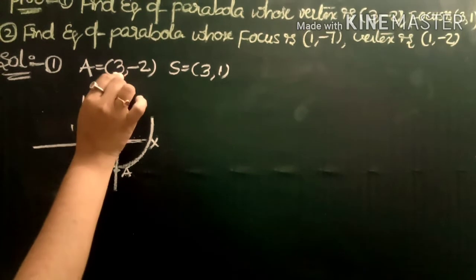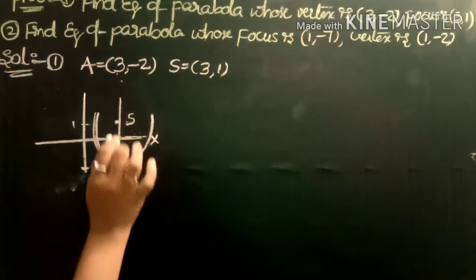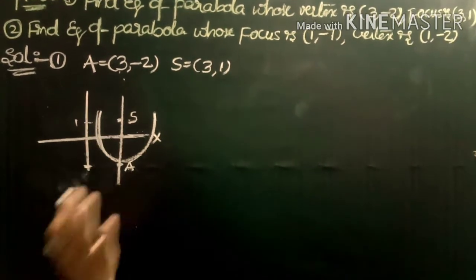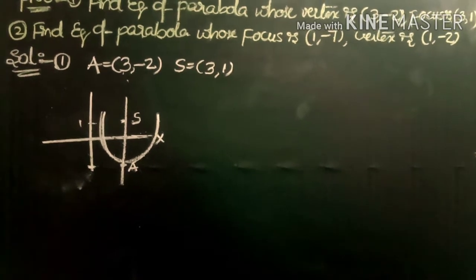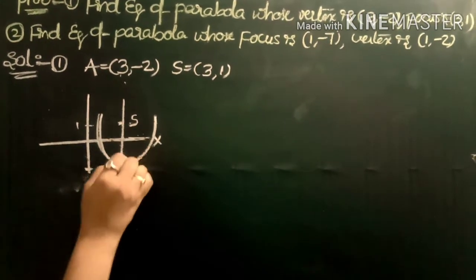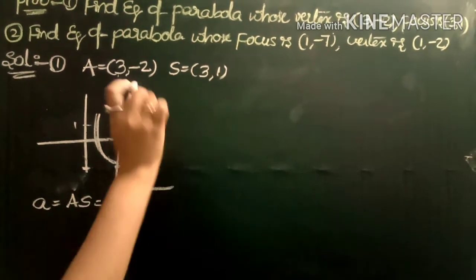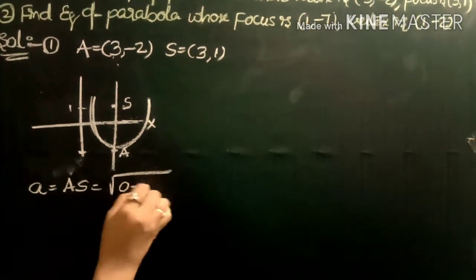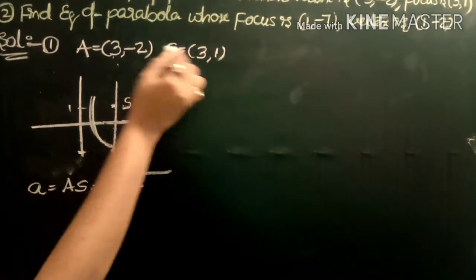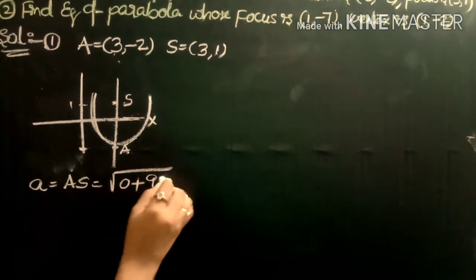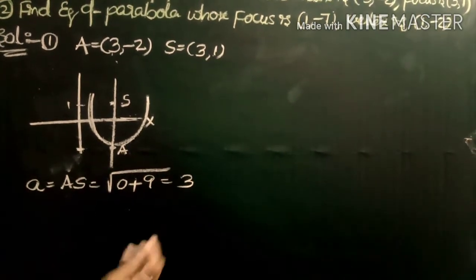So here we have the vertex (h, k). First we find the distance between them. What is small a? Small a is equal to AS, the distance between the given points, that is square root of (3 minus 3) whole square plus (minus 2 minus 1) whole square, that is square root of 9, equal to 3.